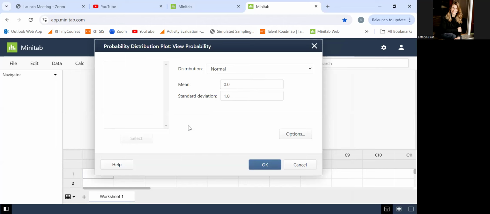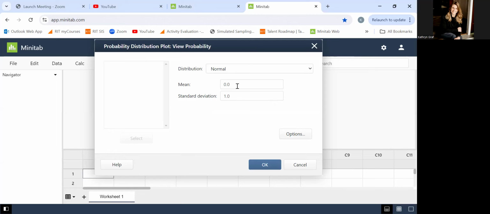Now, if you're on the normal curve, you'll see that it already defaults to normal, just meaning a symmetric curve. You'll also notice under the mean and standard deviation, it defaults to the standard normal curve, the 0 and 1. So that's fine. If we have a specific mean and a specific standard deviation, then we will change those. So let's say that we're going to study grades on exam 1.